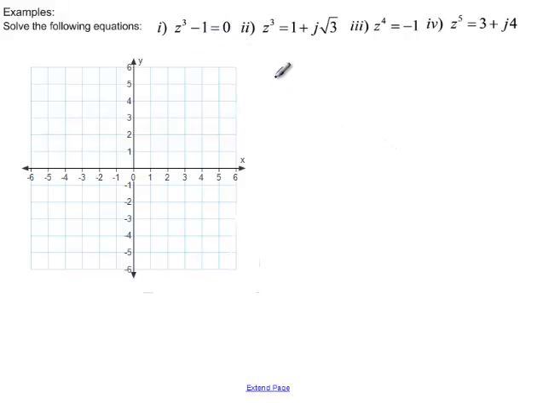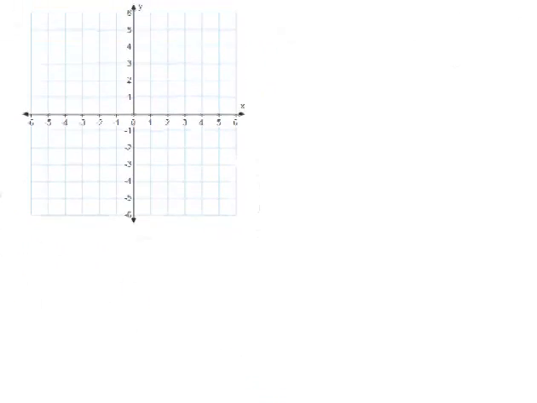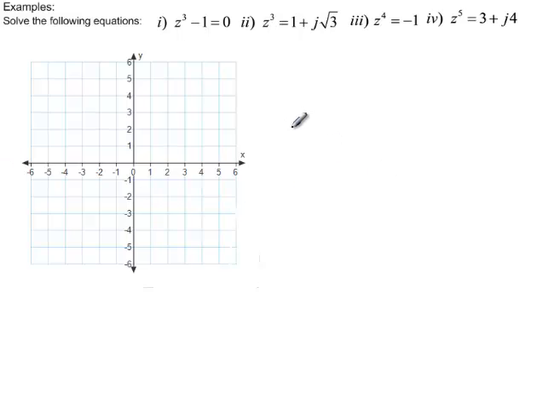We're saying z cubed minus 1 equals 0. Then which means z cubed equals 1. Remember 1 is a complex number. This is 1 plus 0j.